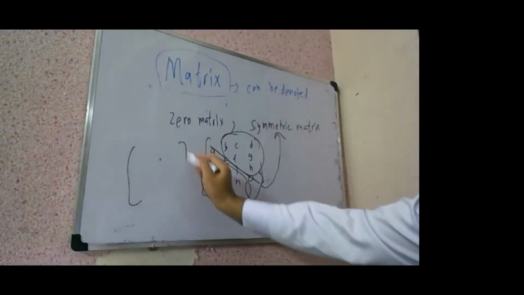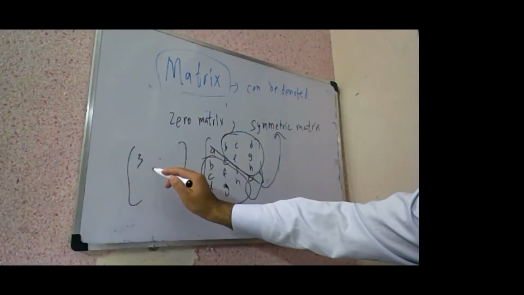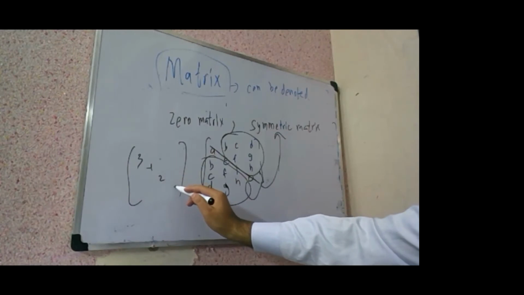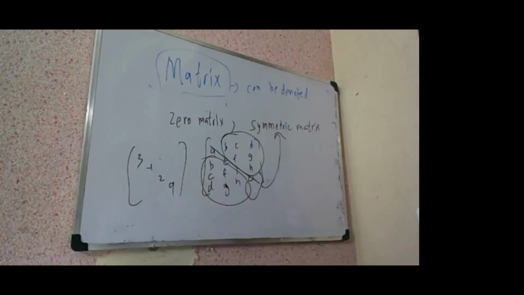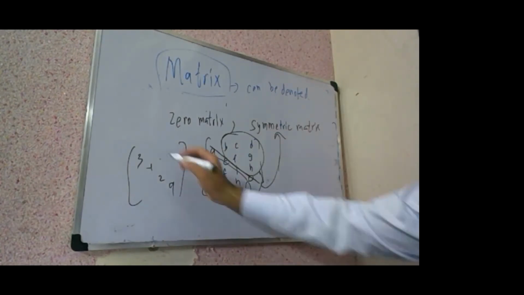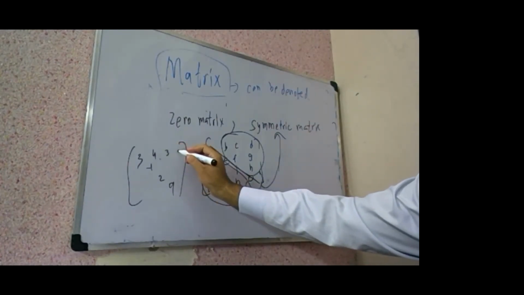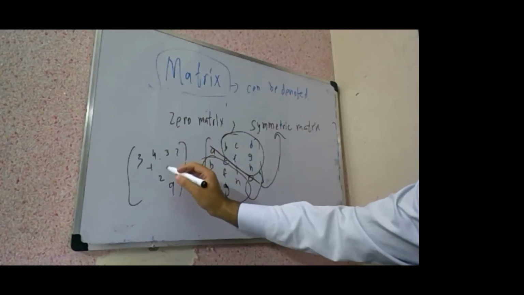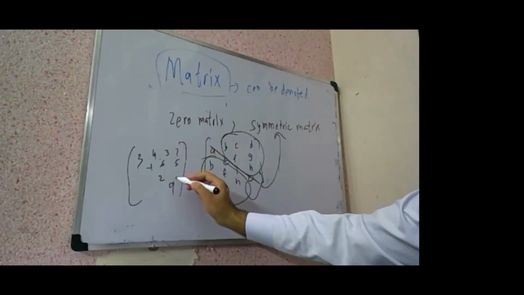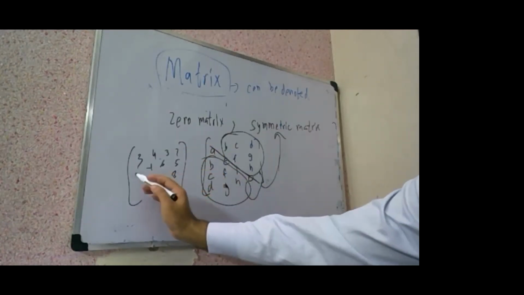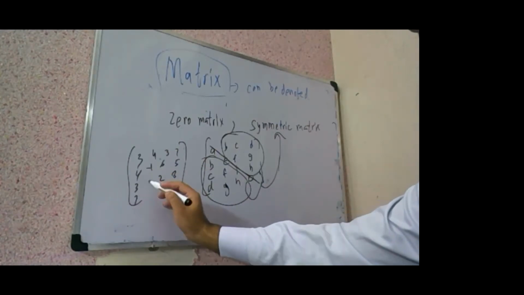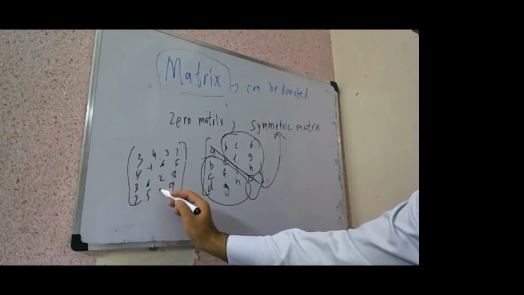If you want to see it numerically, let's say 3, minus 1, 2, 9. And here we have 4, 3, 7, 6, 5, 8. So here should be 4, 3, 7, 6, 5, 8.